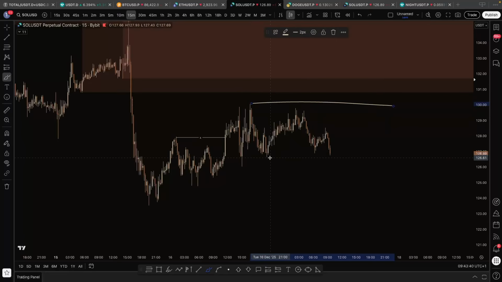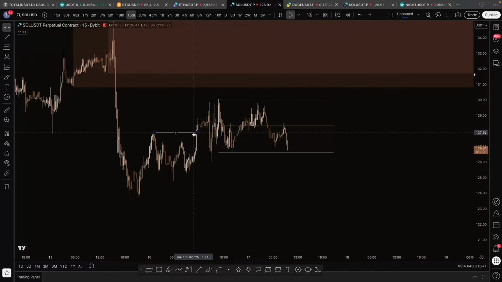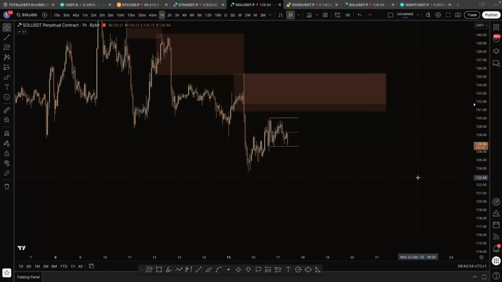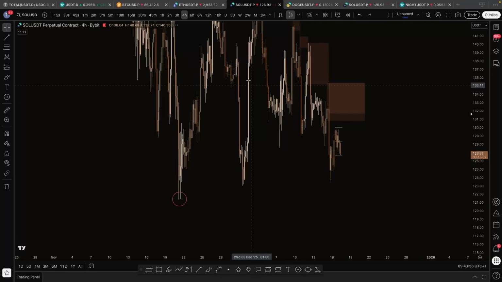You are in a range as well, which is this. But the range low is probably gonna take it out first, as I see it right now. So the 12-hour high is good if we close it bearish.